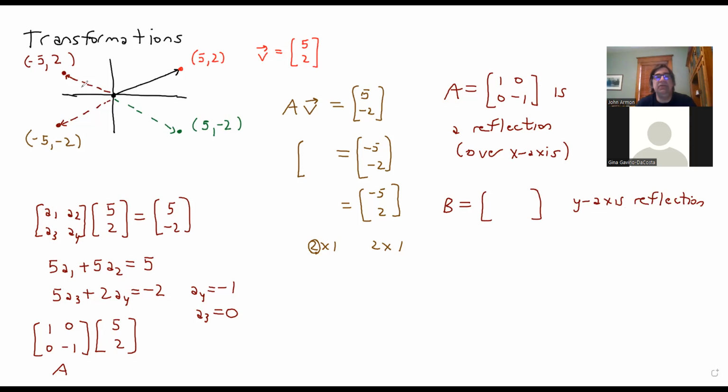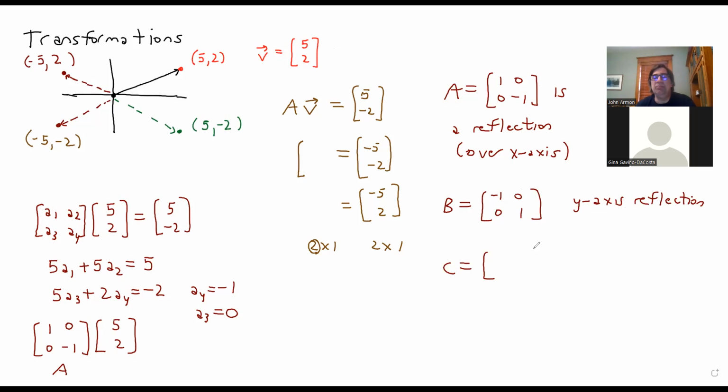Reflection over the y-axis should change the x-coordinate. So if you're thinking I should put the -1 up here instead of down here, you are thinking correctly. So this should be a y-axis reflection. So it should change the x-coordinate, keep the y-coordinate the same.